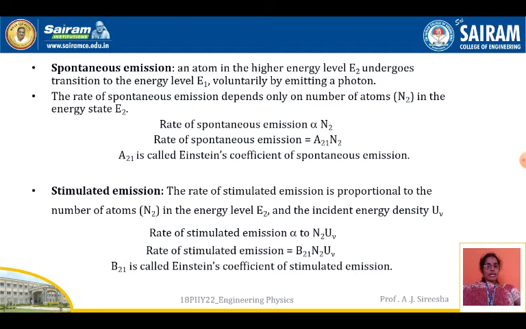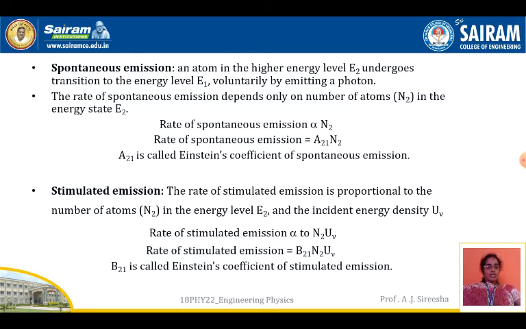That means stimulated emission is proportional to N2 and U nu, because stimulated emission will be greater if the number of atoms in the E2 state is greater, and also if the incident energy density is greater, then more atoms can come from the E2 state to the E1 state. Therefore, the rate of stimulated emission is proportional to N2 and U nu.